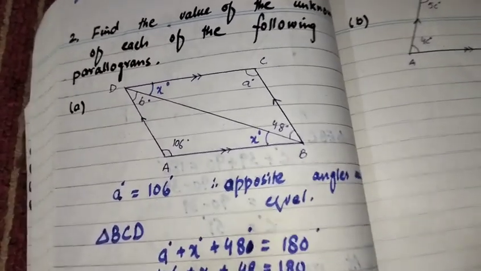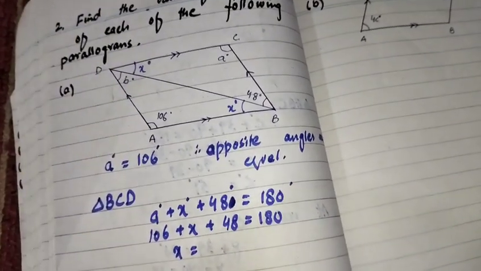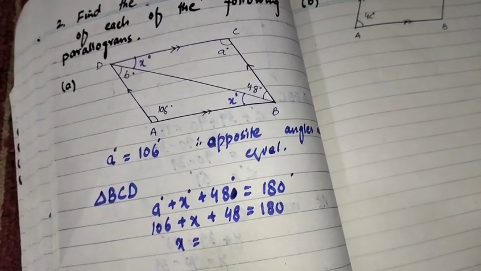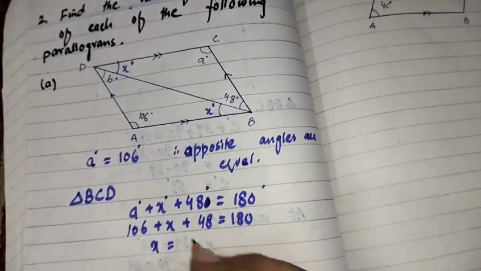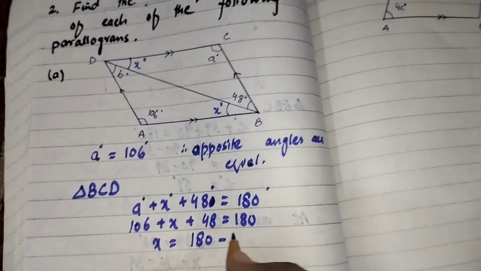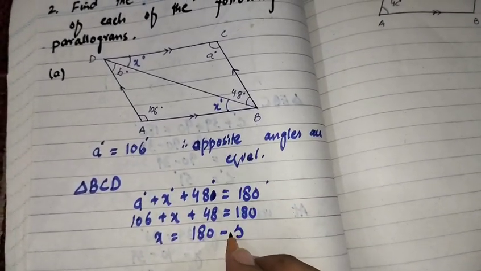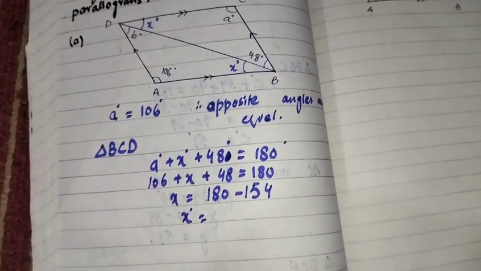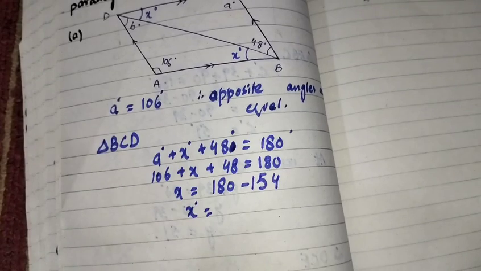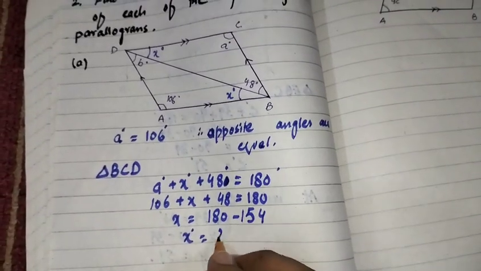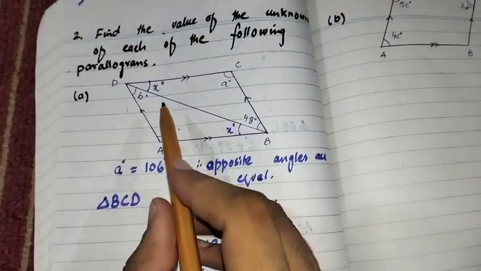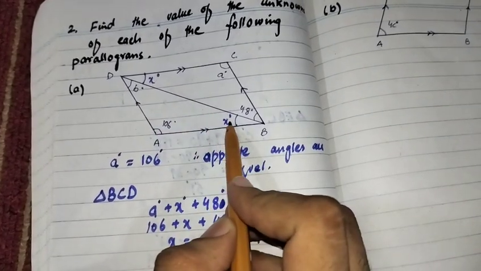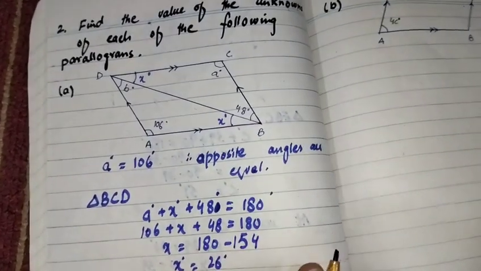So 106 plus 48 is 154. So 180 minus 154 will be 26 degree. So x will be 26 degree. So this is 26 degree and this is also 26 degree.